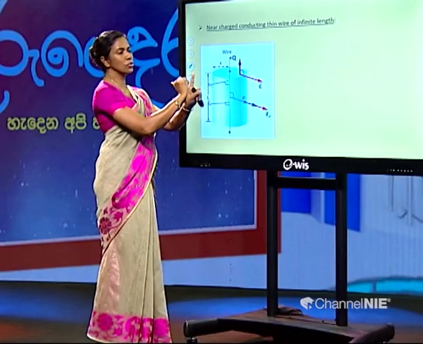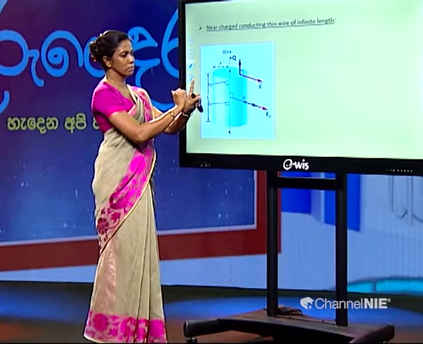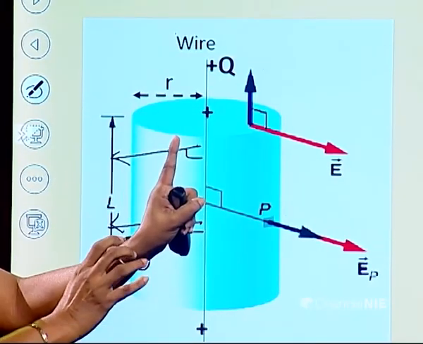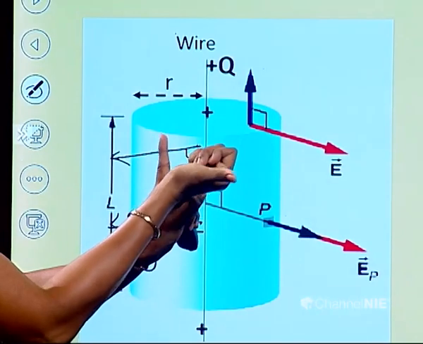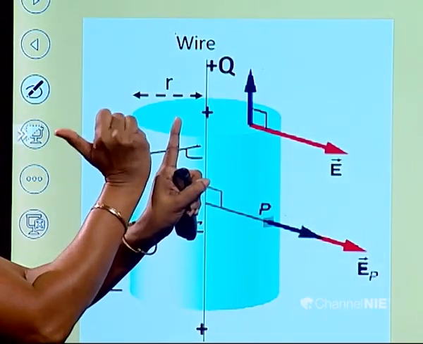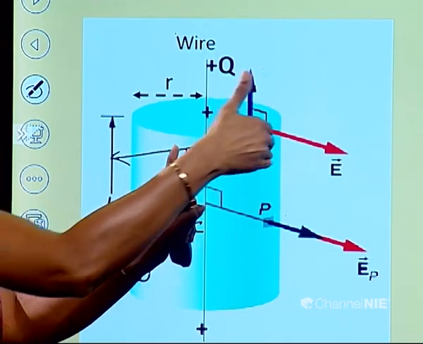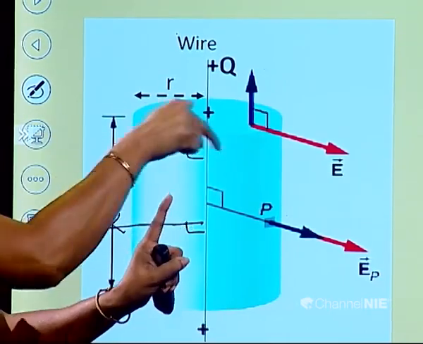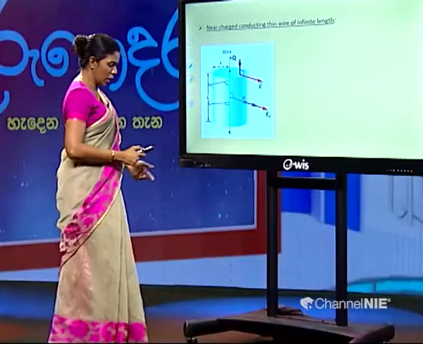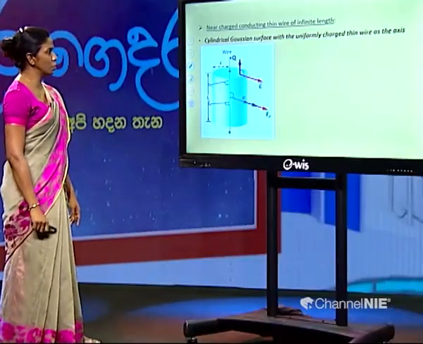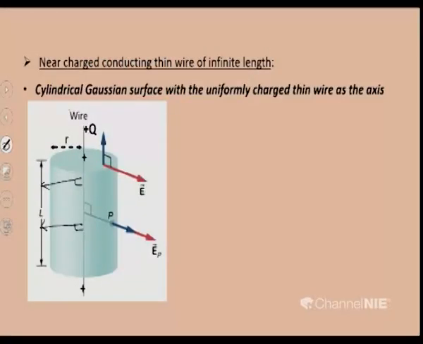And if I try to draw a Gaussian surface enclosing the charge, do you see that to those field lines I have to draw a surface perpendicular to it. So, the Gaussian surface must be chosen as a cylindrical Gaussian surface around the wire, taking the wire as the axis of the cylinder.